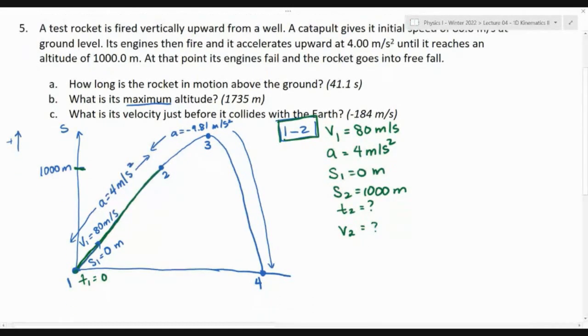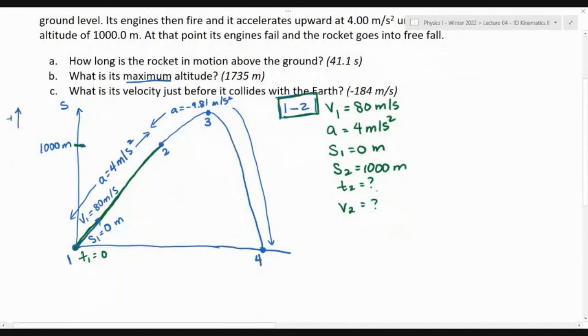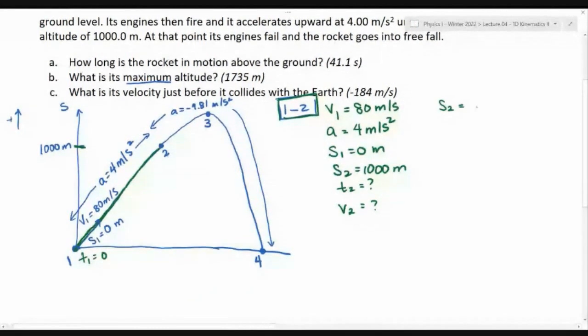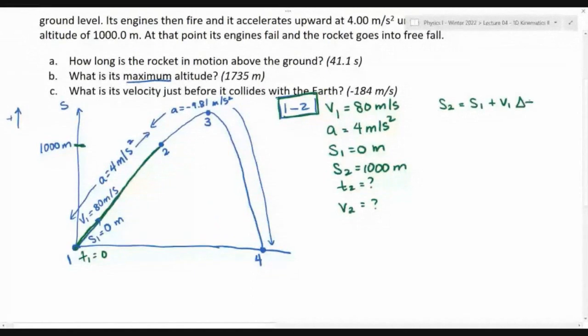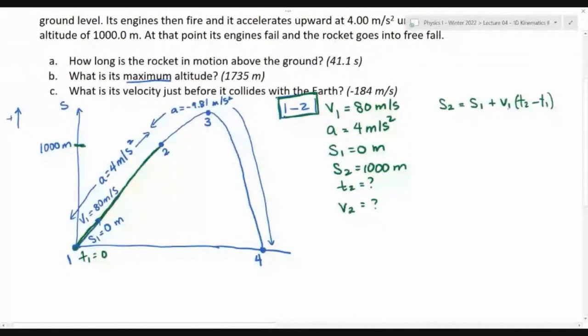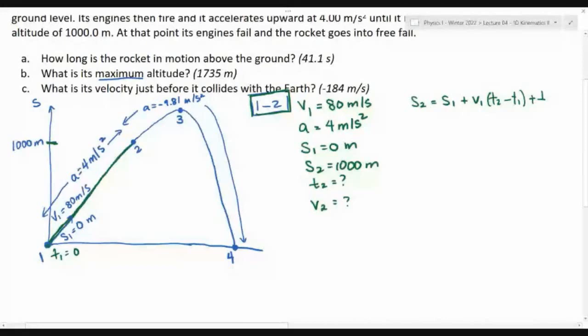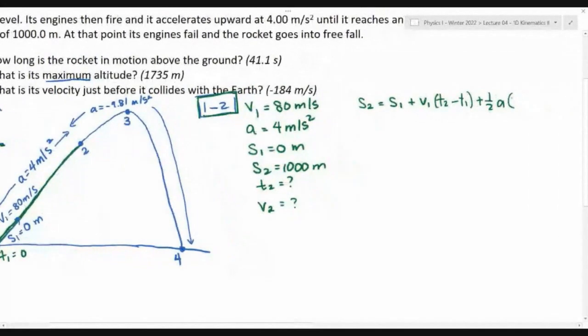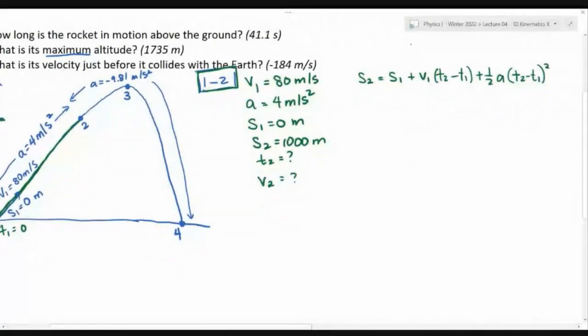So let's try solving for something. Let's start with T2. In this case, we're going to ignore V2. We don't need it yet, and we don't know it. So we're going to use the equation that doesn't require it: S2 equals S1 plus V1 delta T, and instead of delta T, I'm going to rename that T2 minus T1, plus 1/2 A (delta T) squared.